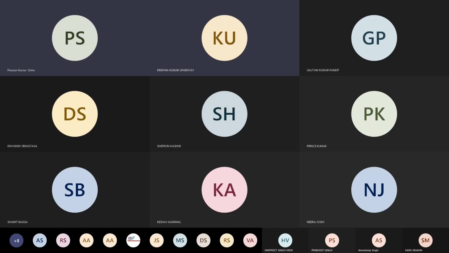Wheel over line and wheel over point. Everyone, please write down.